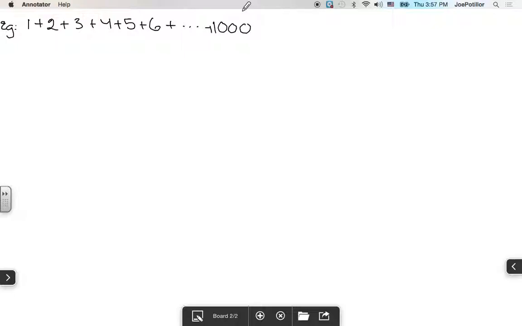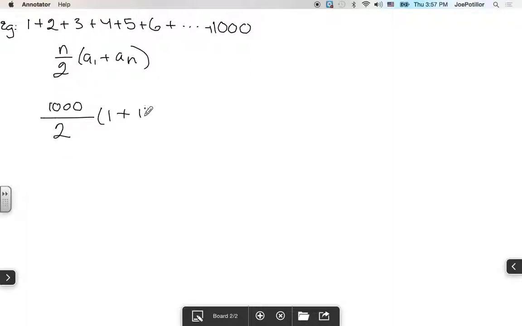I'm sure your teachers may have tried to punish you by saying, add all numbers 1 through 1,000. And if you're real smart, you would notice that there's a pattern that goes on here. You can simply look at this sequence and say, okay, you want to add the first 1,000 terms? There's 1,000 terms. Divide by 2.